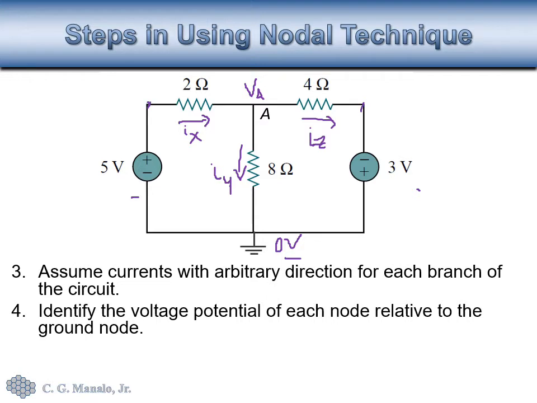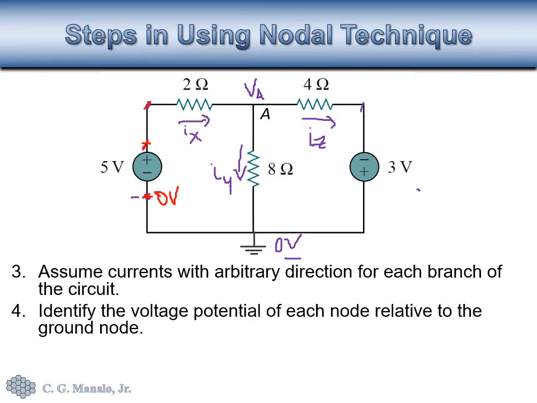So here, what will be the potential there? Take note that this point here, which is attached also to the 0 volts, should be 0 volts as well. And based on the positioning of the polarity of the 5 volts, this point here must be 5 volts higher compared to this point. So therefore, this point here must be 5 volts.